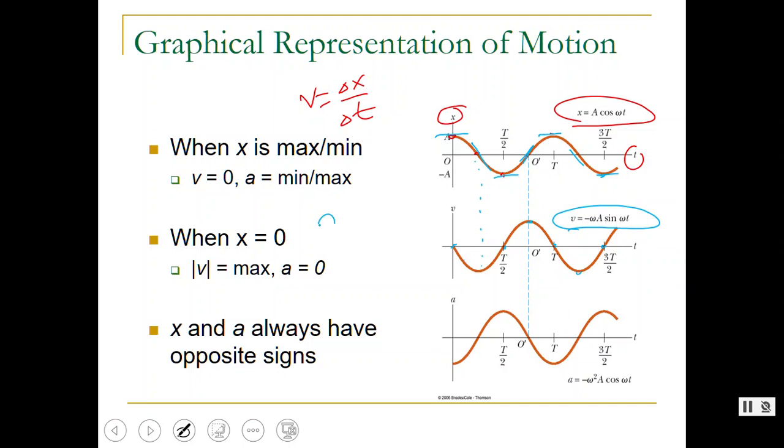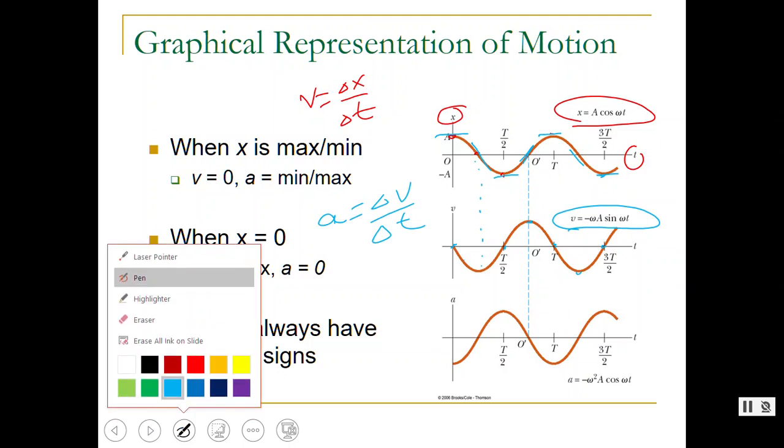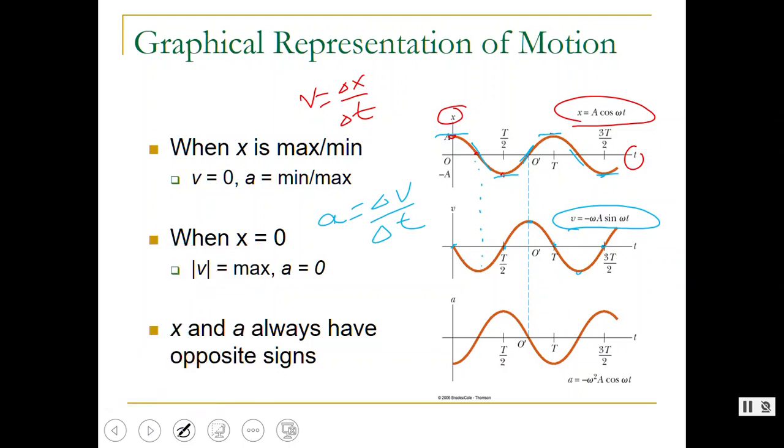Also remember that acceleration is the change in velocity over change in time, so it's the slope of a velocity-time graph. If I look at this velocity graph, I have my steepest slope right here at the start, and it's negative, so my acceleration has to be a negative maximum at that point. Then the slope of that velocity graph is 0 right there, so I get 0 for my acceleration. Notice my displacement and my acceleration are 0 at the same time.